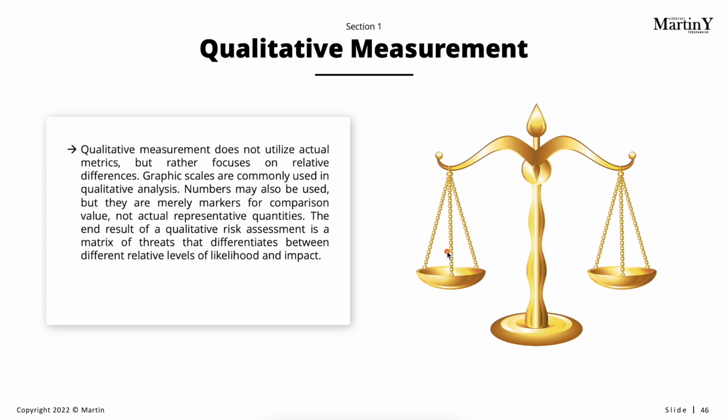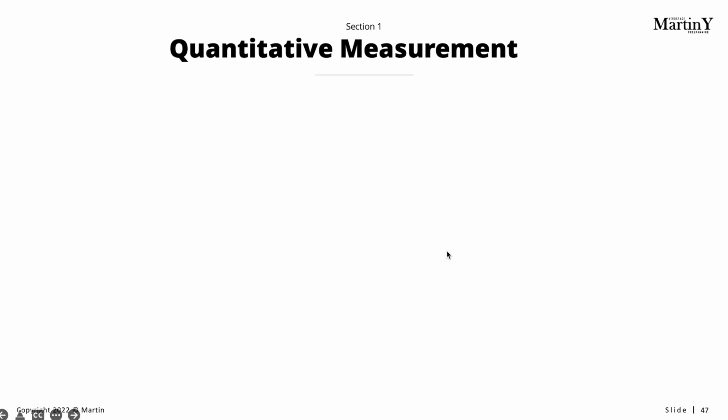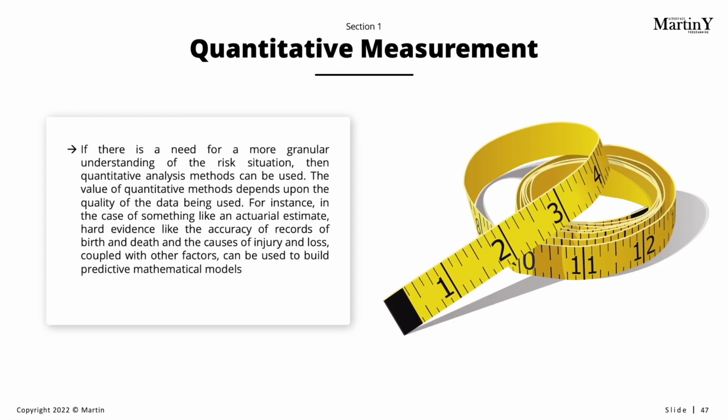So let's now talk about the other topic, which is the quantitative measurements. Obviously, the quantitative measurements are way more specific. They would really give you a way better and more detailed understanding of the risk situation when compared with the qualitative analysis. So the value of the quantitative methods pretty much depends on the quality of the data that we use.